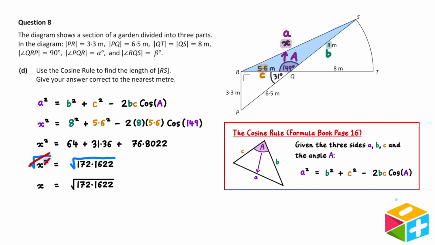When we perform the calculation on the right-hand side, we get x is equal to 13.1211. Since we're asked to give our answer correct to the nearest metre, we round this off to get a final answer of x is equal to 13 metres.